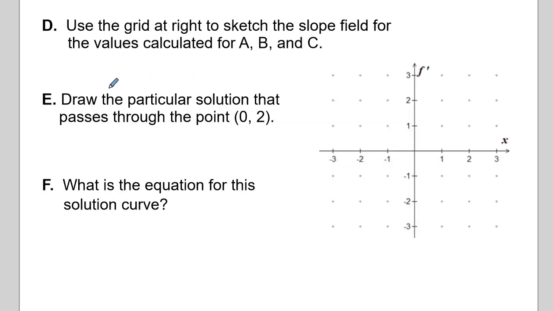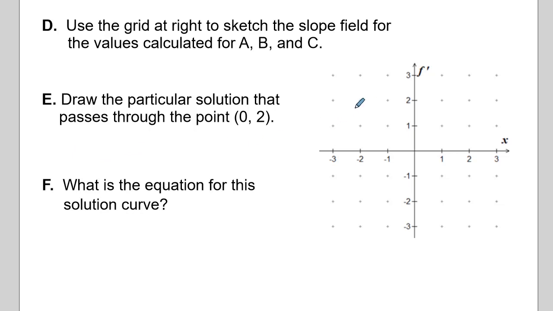Okay, so now we're going to start sketching in some of the information that we have. If we go back to part A, it depends on how you want to do this. I'll sketch in the positive ones first. It helps me, especially using the tool that I have here, to sketch everything that's supposed to have the same value of slope at the same time so that I can keep them together.